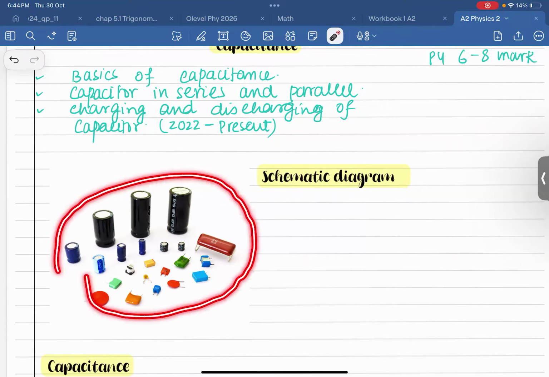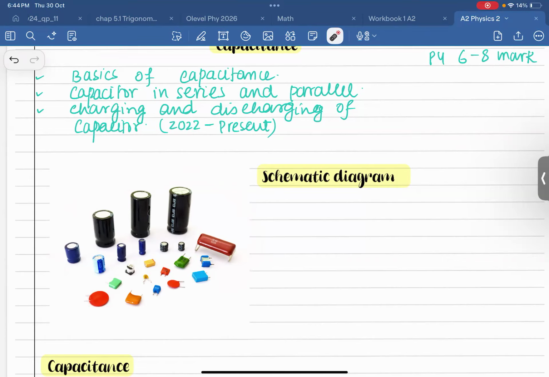These are one of the types of capacitor that you can see in that PCB or anywhere in the circuits. This is basically used in many circuits that require charging or discharging, or energy storage. So its main purpose is energy storing.